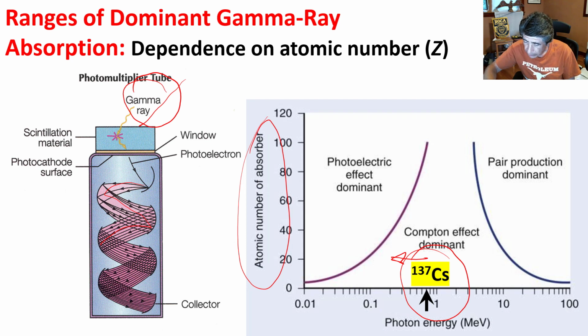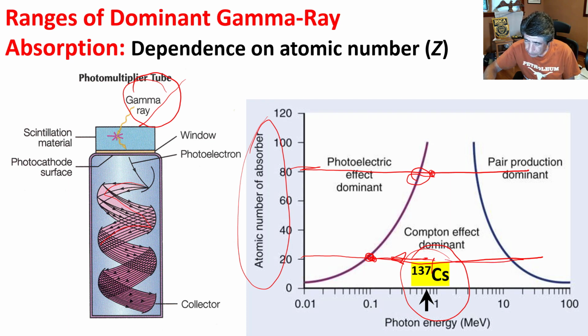But for instance, if you have an atomic number with a value of 80, you will see that almost immediately the most dominant interaction they will have will be by way of photoelectric factor. But if you go to light elements, you're going to see that it takes a wider range of energy before they enter the threshold to photoelectric factor. Of course, if the energy is high, then you can reach pair production.